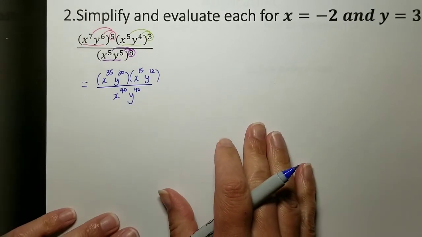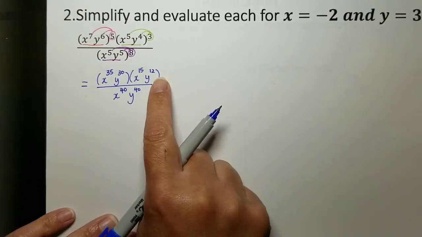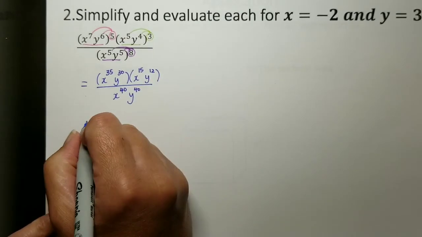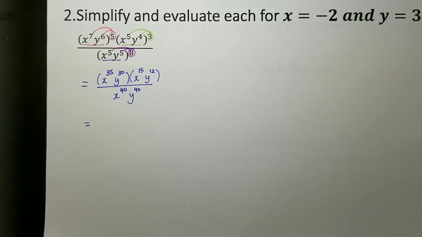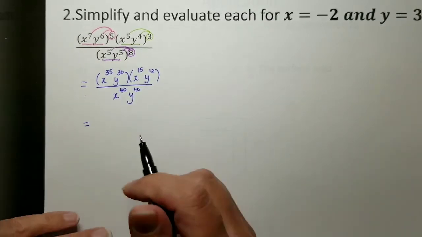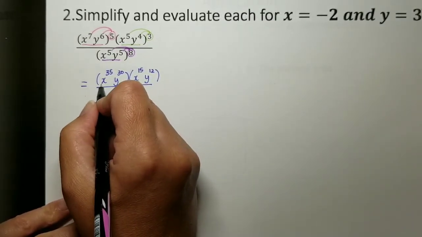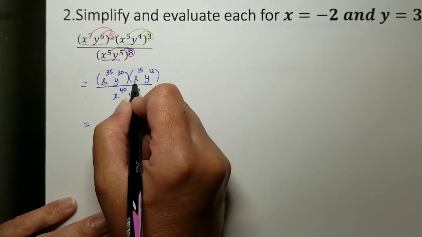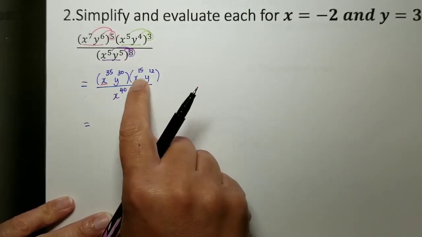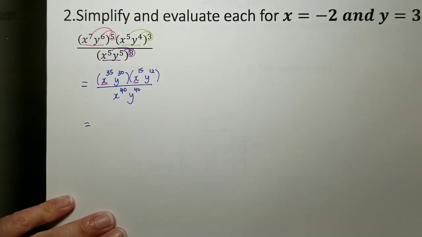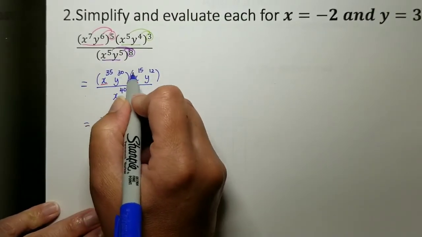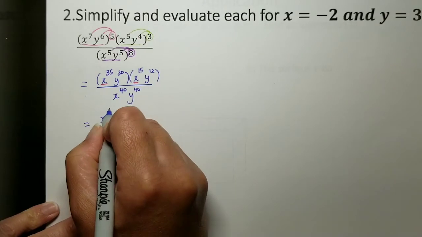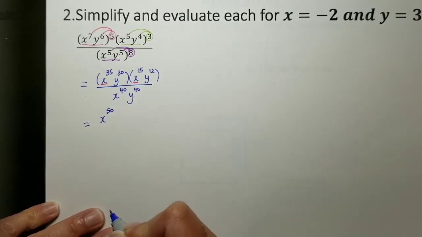Now we're going to go through a few steps because this looks like a question that you had in day 2. We're going to combine in the numerator, looking for things that have the same base. I have x to the exponent 35 and x to the exponent 15, and I'm multiplying those. So here, if you're multiplying, you keep the base the same and you add up those exponents. 35 and 15 is 50.